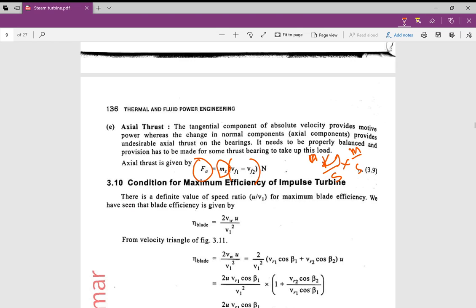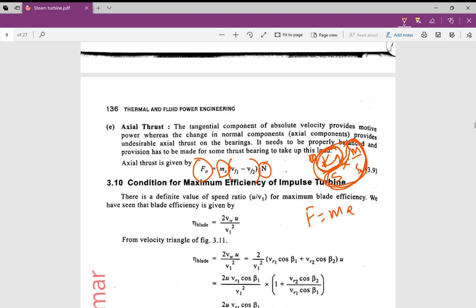So kg meter per second square is Newton, that is mass and this is acceleration. Force, you know, is mass into acceleration, meter per second square. So henceforth we can say it is Newton, a unit of force. So axial thrust is ms into Vf1 minus Vf2.